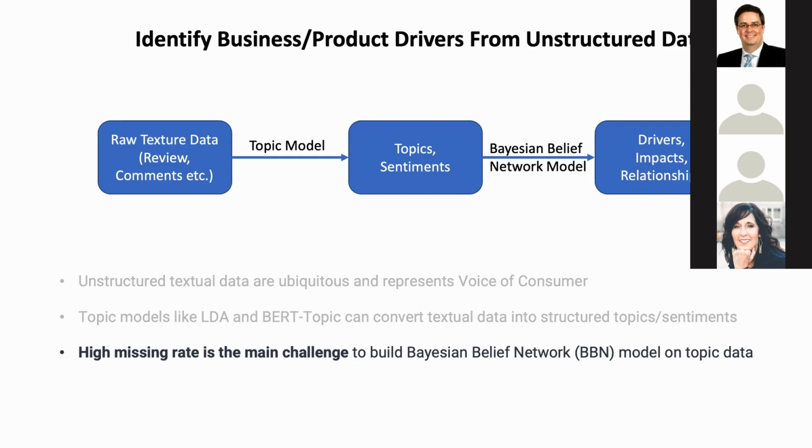Of course, the main challenge in building a Bayesian belief network model on topic data is the high missing rate. Imagine an Amazon review: each review probably just talks about one topic, or at most maybe three topics. Most reviews may not even have a topic. They just say, love this product so much, and then give a rating.